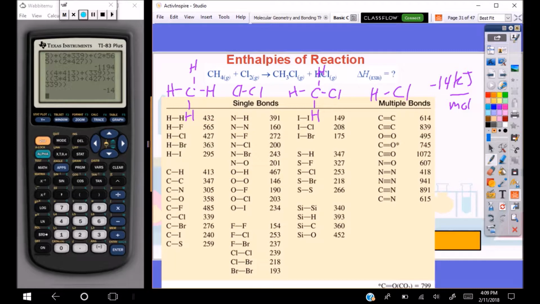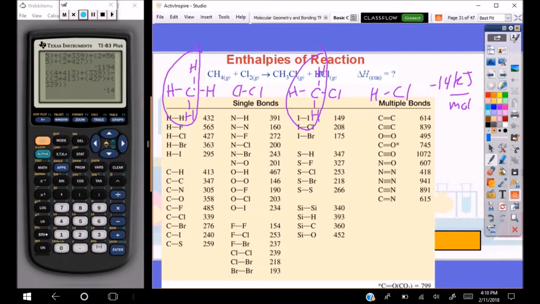Now, you'll notice that here, 3 of these bonds technically stay the same, and when I do my calculations, they actually account for each other and they cancel out. So do you really need to worry about that when you're doing that math? Not necessarily, but oh, I'm sorry.